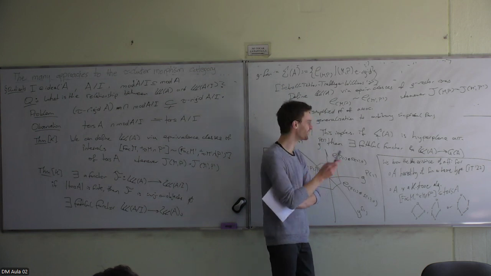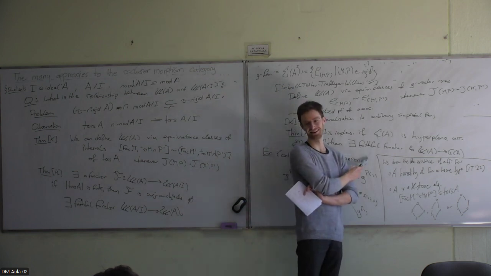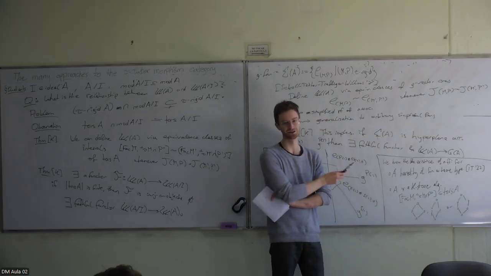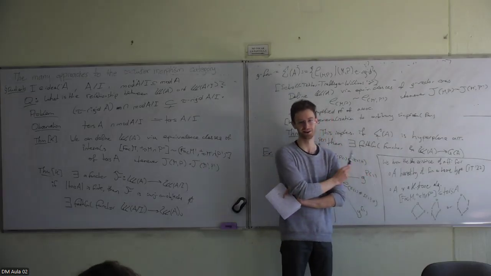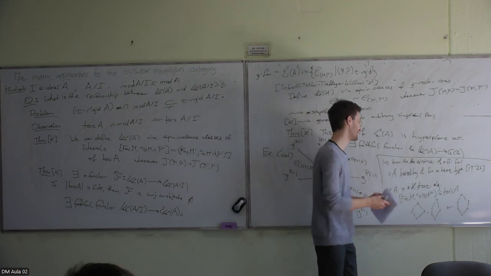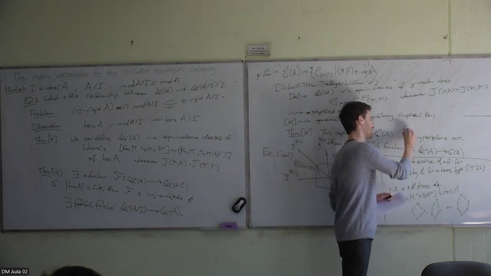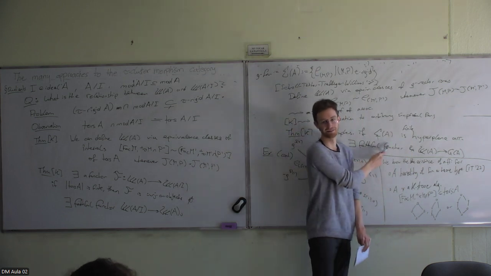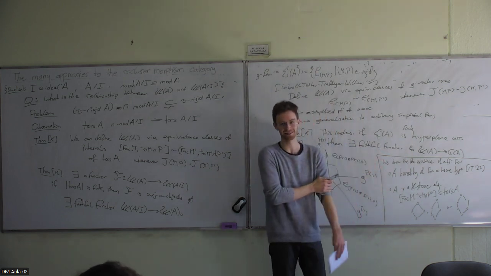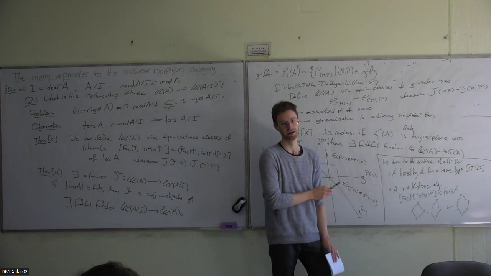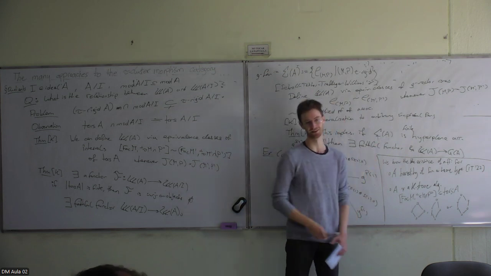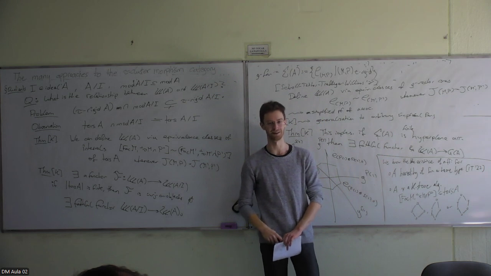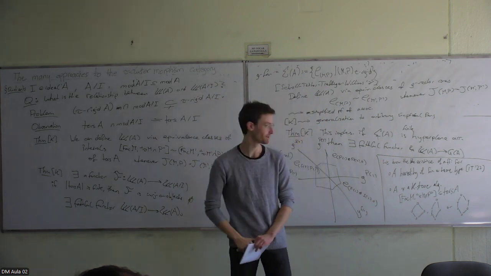It's sadly not true that every algebra is a quotient of a hyperplane arrangement. Or at least I should say that I need this to be a finite hyperplane arrangement. Finiteness is the problem. Otherwise, maybe it is true, I don't know. But it's not true that it's a quotient of a finite hyperplane arrangement.